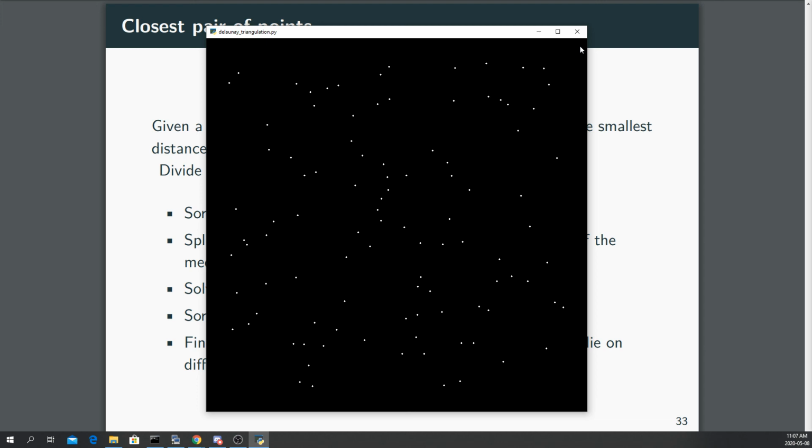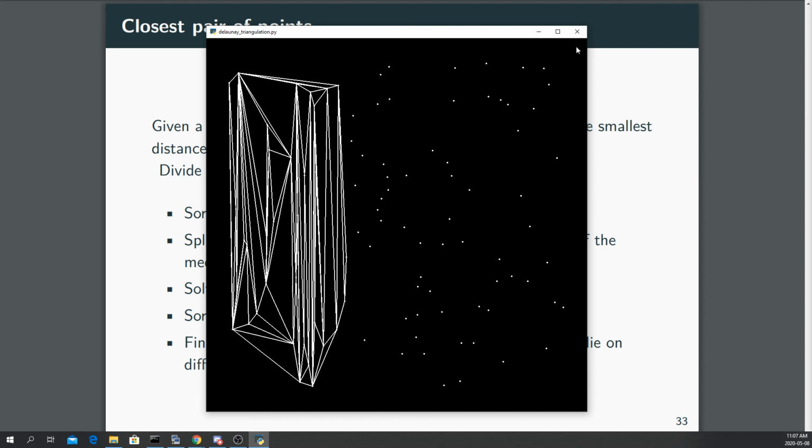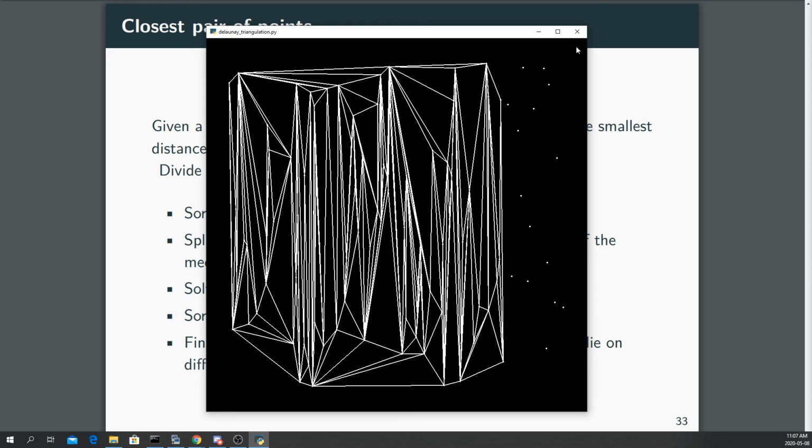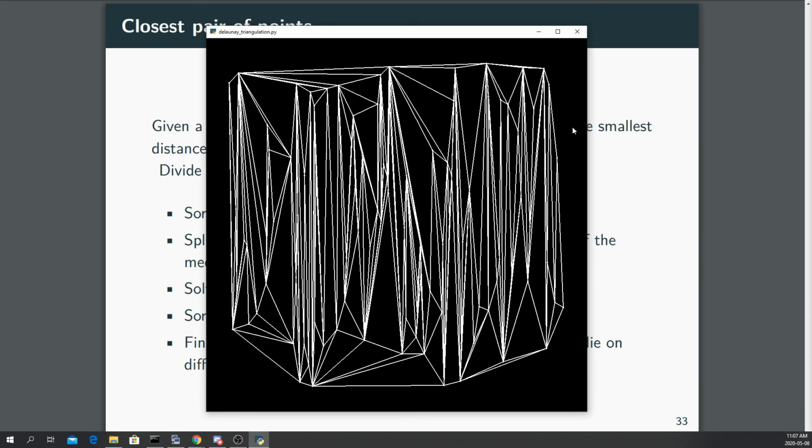So we're at some current point, we look at the points behind us. If we can add an edge, then we do it. So that means it doesn't intersect with any other edge. So just take a look. This may be a bit too fast. This is what the scan triangulation looks like.